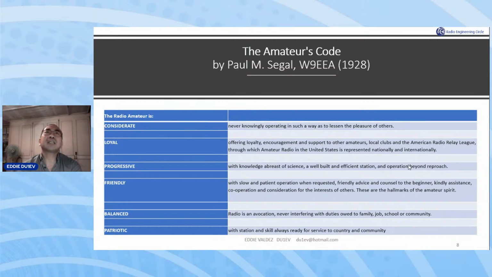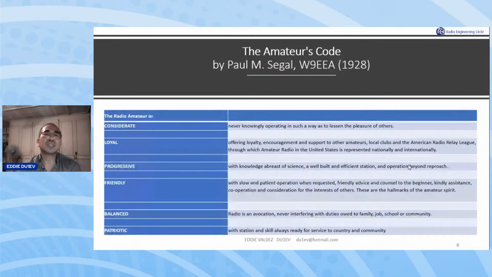I am sure some of you listen to 2 meters and some of you participate in net calls. In radio, they have a preamble at the start of the net, and some radio clubs share the amateurs code.